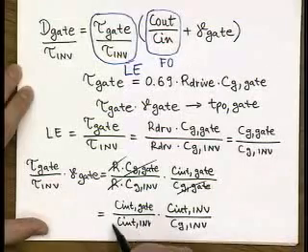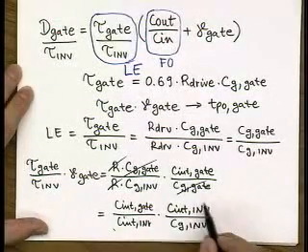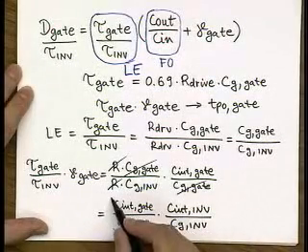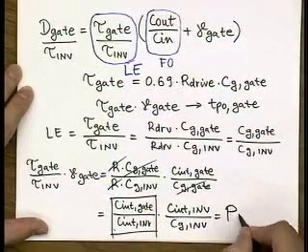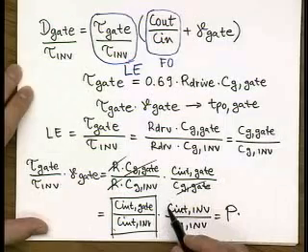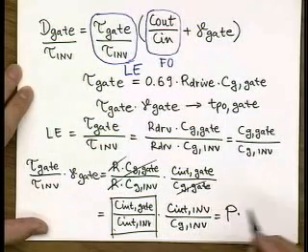What I have here I call this term P. So this is equal to P times, and what is this term here? Gamma of an inverter, right?